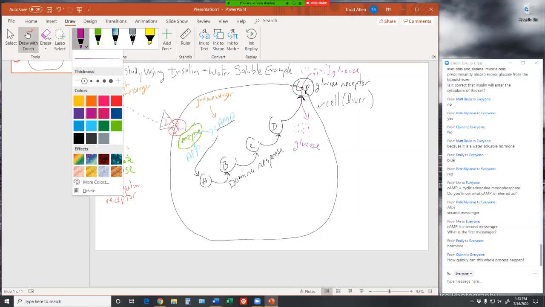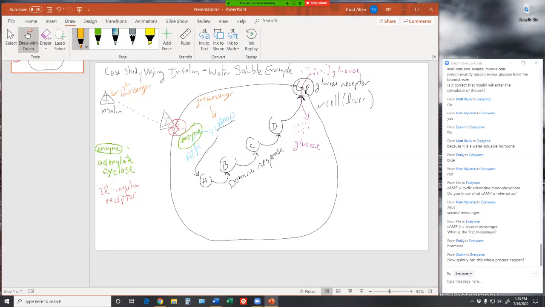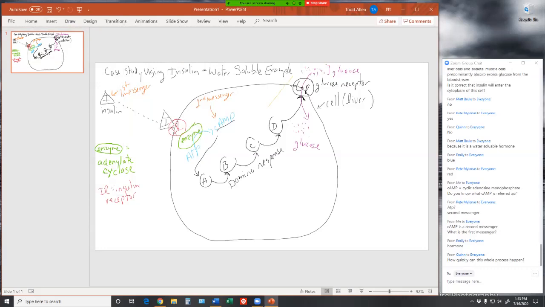Let me make it a yellow color. Everything here that I'm outlining and circling with yellow, all of this biological machinery in the cell, from molecule A to molecule B to molecule C to molecule D to the glucose receptor, it is able to respond so rapidly to insulin because it was already present before the blood sugar spiked.